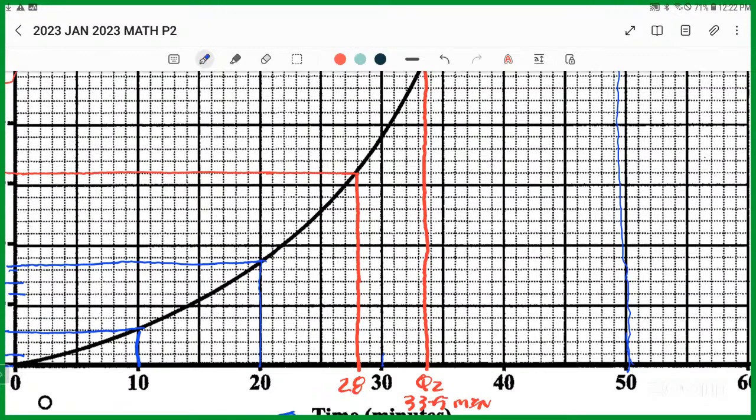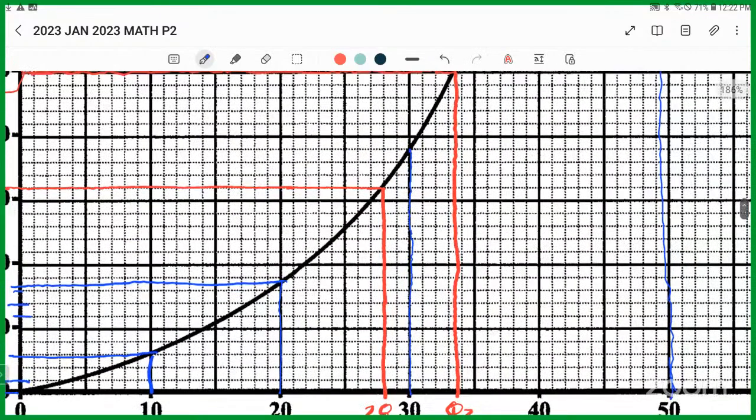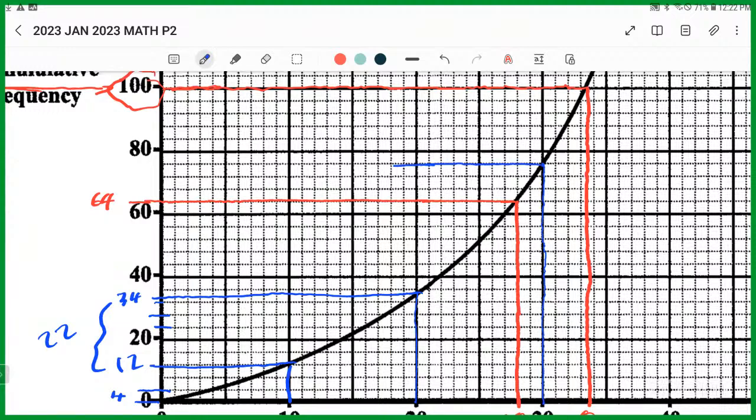So for the 20 to 30 group, up to 30, how many students are in that group? Up to here, read across as cumulative frequency. That's 4 less than 80, that's 76. So 76 minus 34, how much is that? 42.